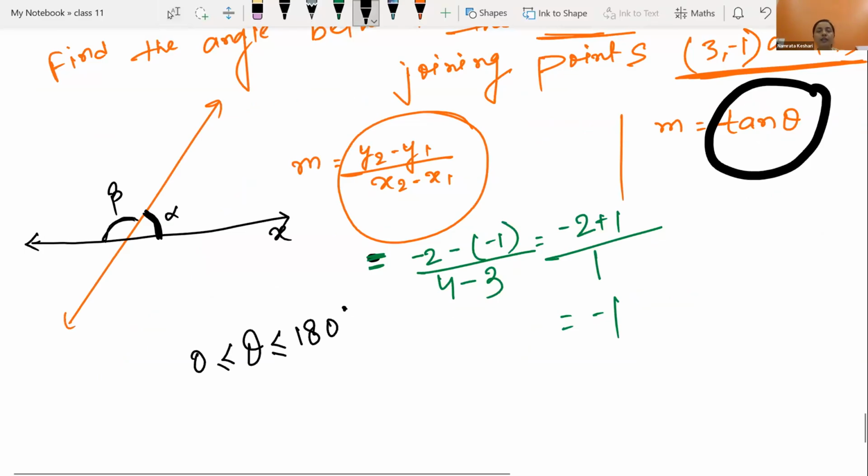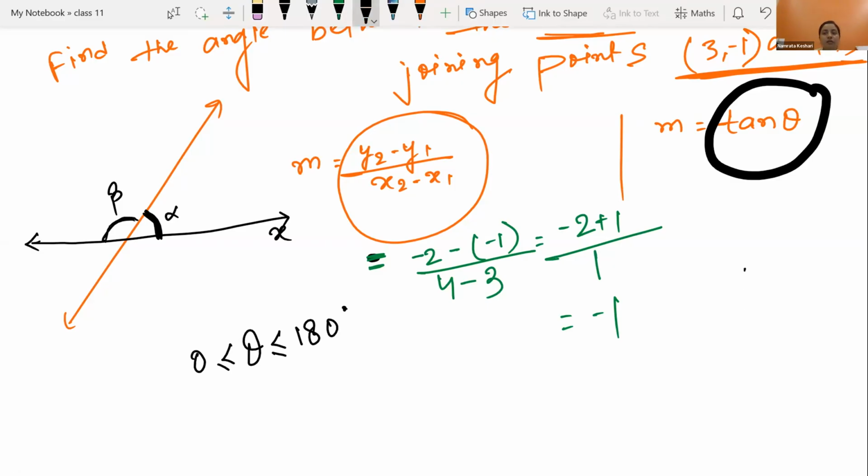Till 90 degrees you have learned the trigonometric table in class 10: tan 0, tan 30, tan 45. Have you seen all the values were positive there, not negative? Yes, ma'am.